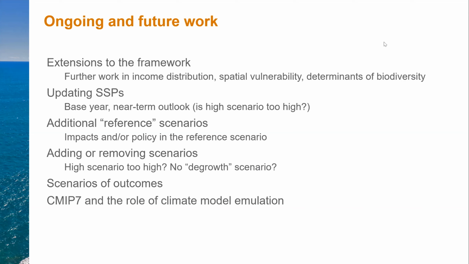Also, a lot of push right now to try to connect this framework better to the biodiversity world. It has been used for biodiversity studies, but the connection has not been really strong. And this is really a kind of missed opportunity at the moment that we want to try to take advantage of and make a lot more progress there.